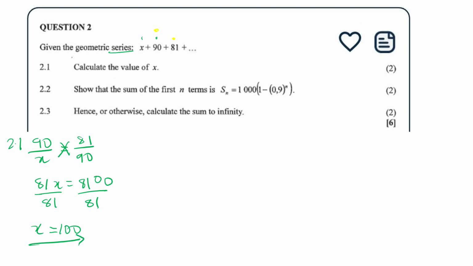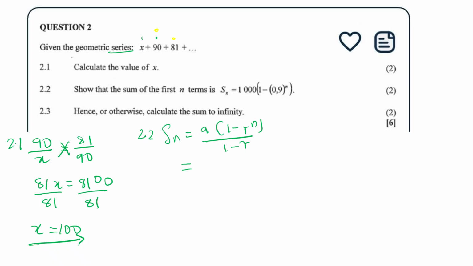Good. Right, therefore now 2.2. Show that the sum of the first n terms is Sn is equal to 1000 into 1 minus 0.9 to the power n. Okay, so then now the sum for geometric series, you know the formula, Sn is equal to a times 1 minus r to the power n over 1 minus r, right?